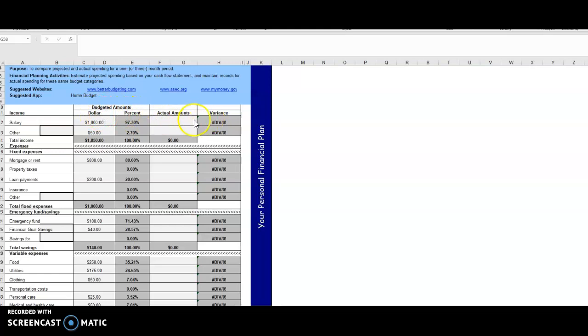You can use the actual amounts column if you'd like, as you have income and expenses. But the one we're most interested in right now is what's our plan for income and expenses. Salary, $1,800. That's what our salary is going to be every month. And maybe on a regular basis, we have $50 of other income somehow. So we have a total income from month to month of $1,850.